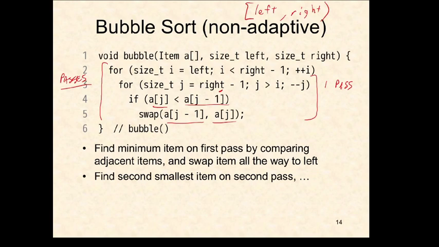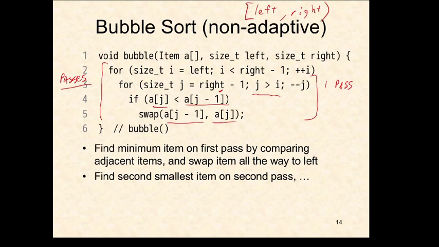So after one pass, I know the smallest value has bubbled all the way to index 0. So after the first pass, when i becomes 1, I know that at least one value is in the correct place. And that's why we say keep going as long as j is greater than i.